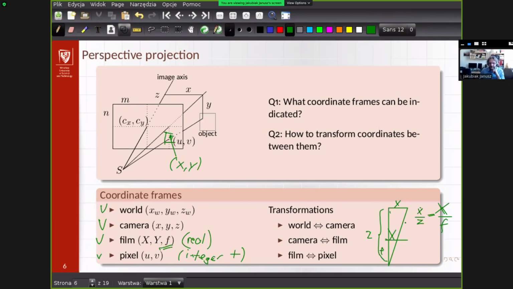That's simply the projection that you get here, just from Thales' theorem, from the triangles that you get. And of course, the same will work with the y part: y over z will be equal to Y over f, and then you get the answer as well.